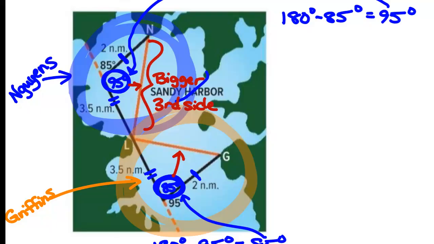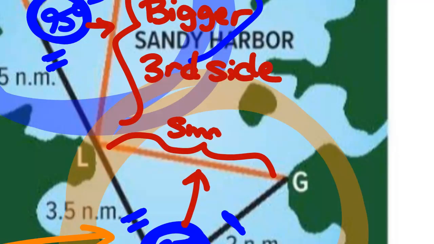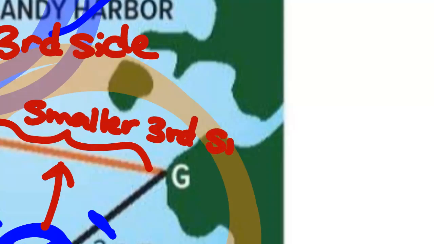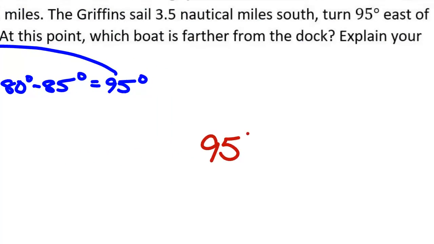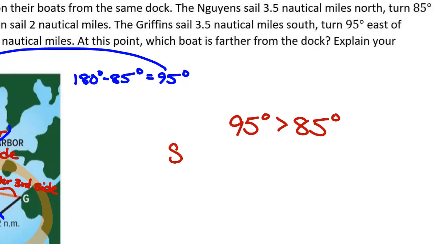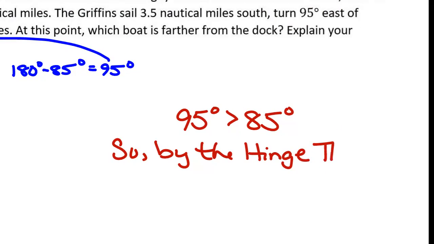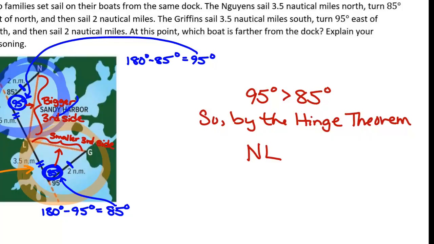So this one here is the smaller third side. 95 degrees is greater than 85 degrees. So by the Hinge theorem, NL is greater than GL.